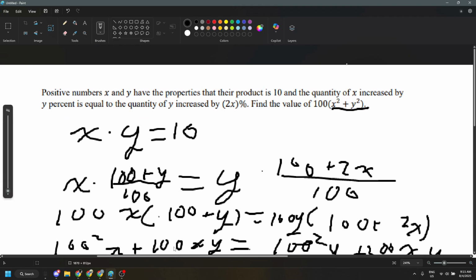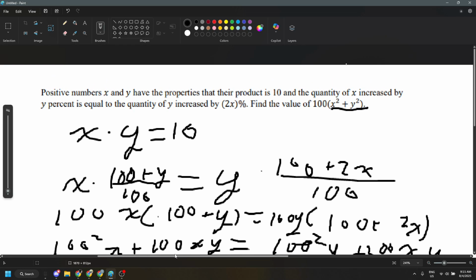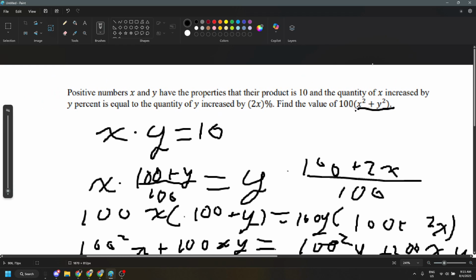I need to get x times x somehow, but here I'm not getting x times x. Here, maybe x squared y squared is equal to 100. Can I do something from that?